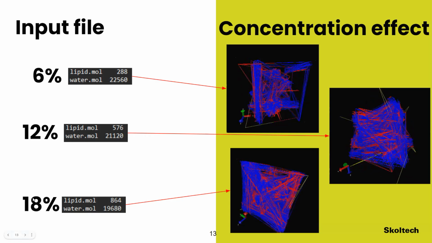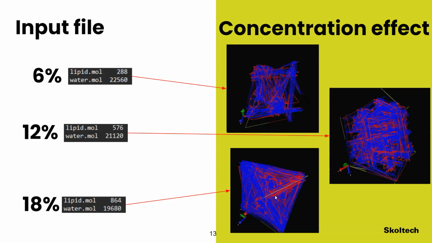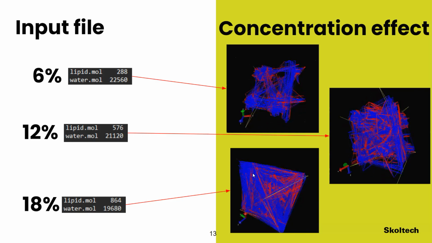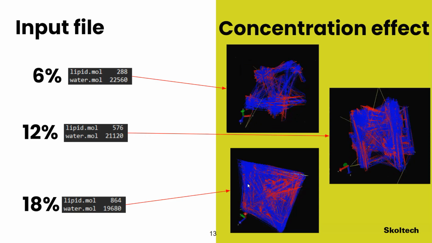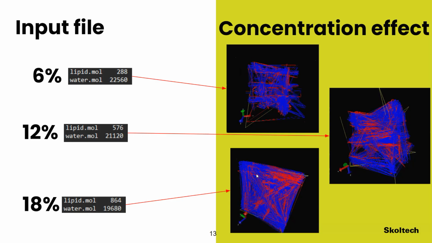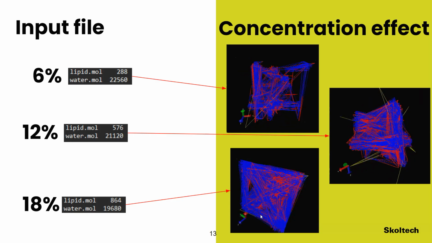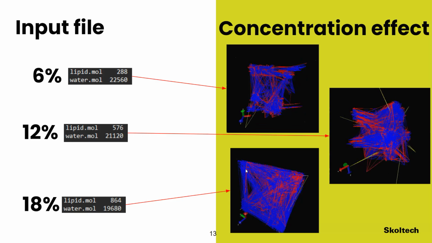And at 18%, we can see that all the micelles come together, and they form a different phase.